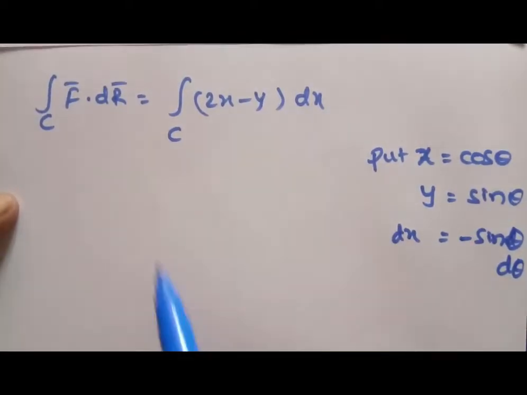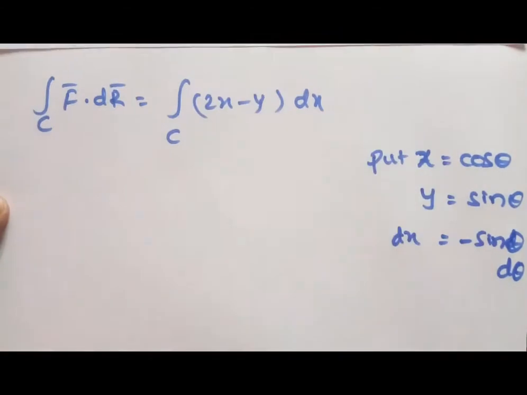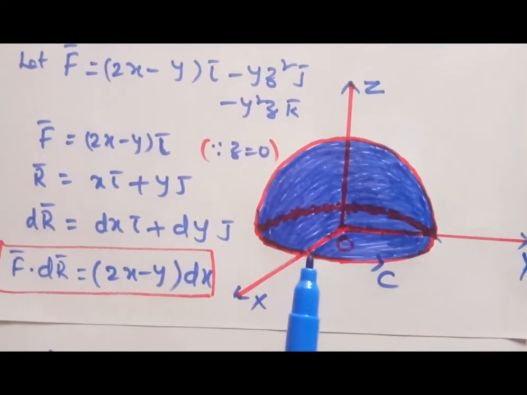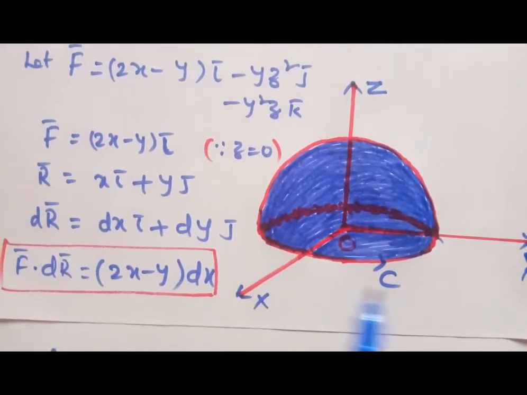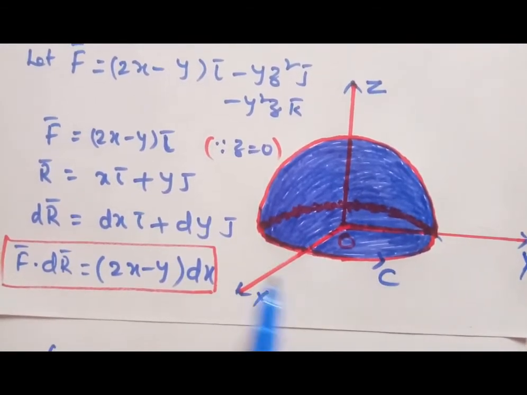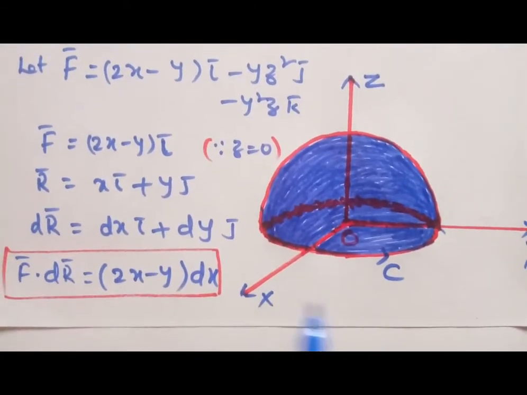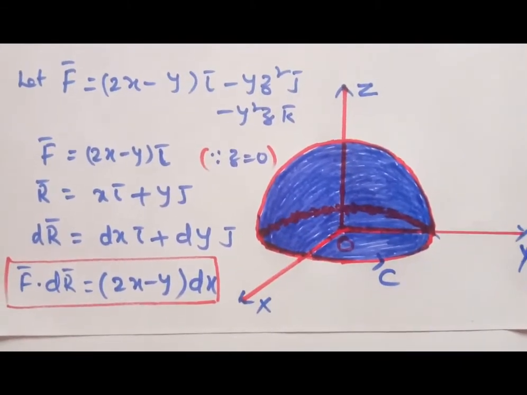In the sphere, the upper half of the sphere, its projection is its boundary, that is the circle in the xy plane. Here theta varies from 0 to 2 pi in the circle.